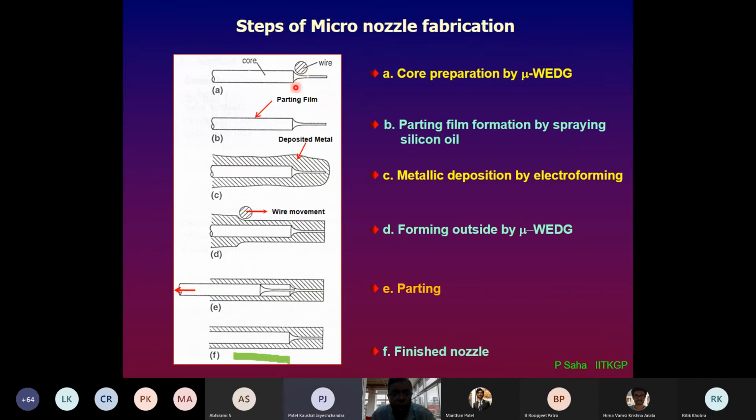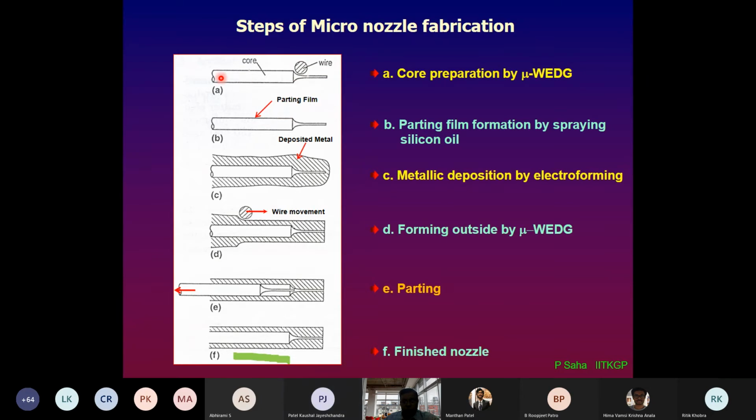This is only a schematic, it is not a full drawing, so you have to visualize this as the electric discharge grinding process. The process I have already explained today. Now after you get out of a cylindrical block, once you get this shape, what do you have to do?